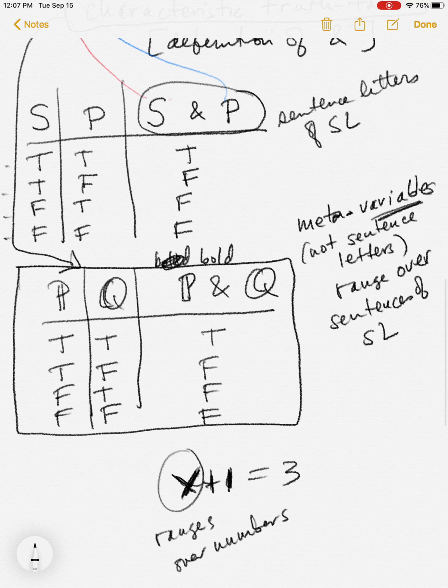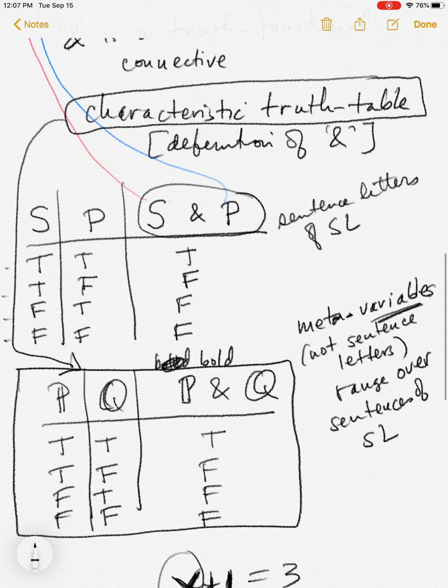Okay, so this is our definition of the ampersand. And as we see, it was not at all difficult for us to derive this characteristic truth table for the ampersand, because the ampersand really does very closely match the way that we use the word and in English. There are cases where sentences with and ought not to be translated into SL as conjunction.